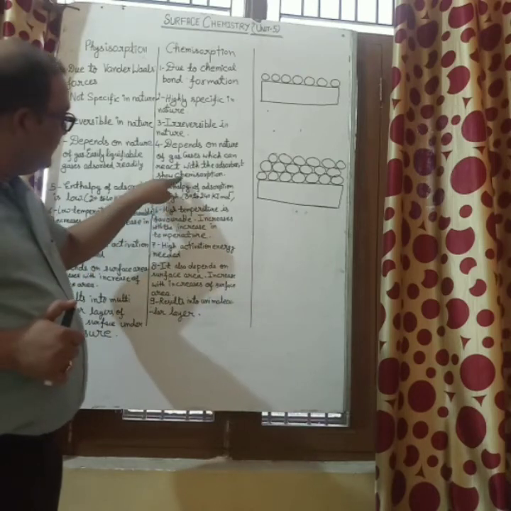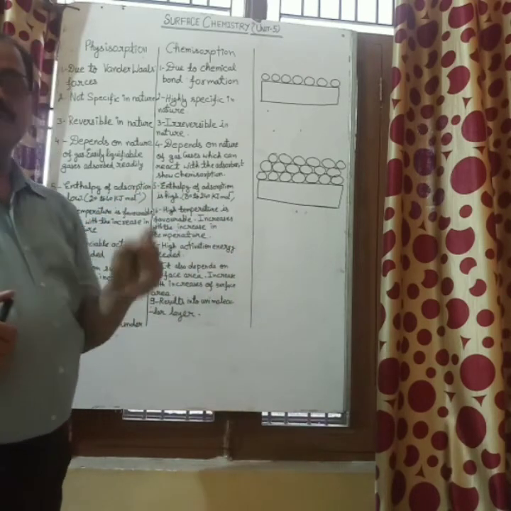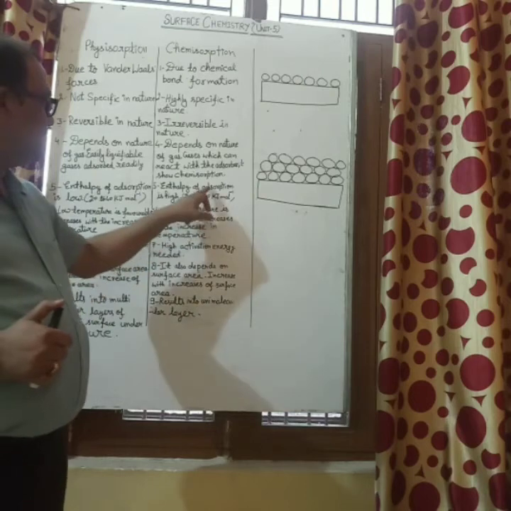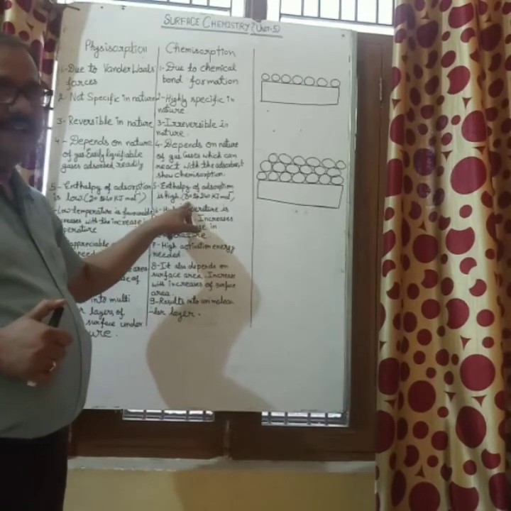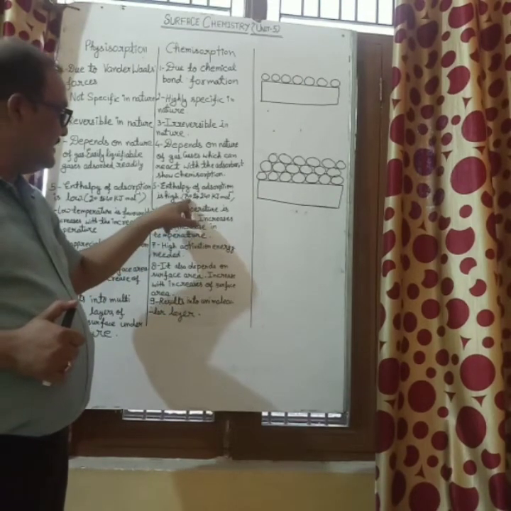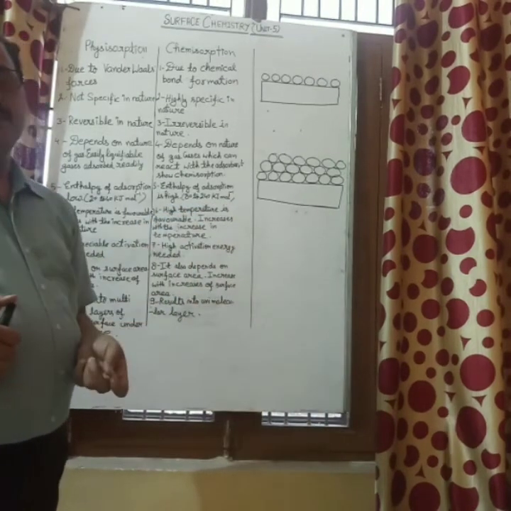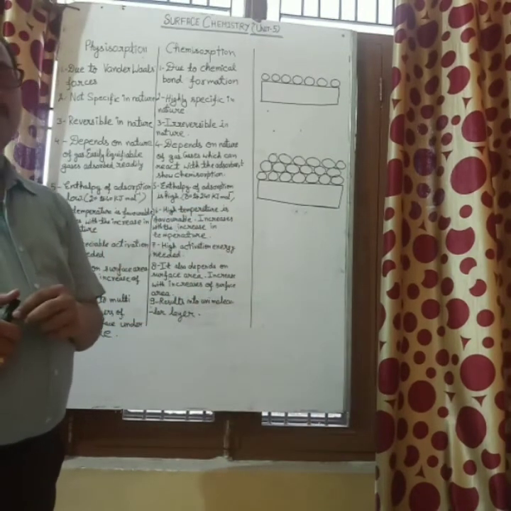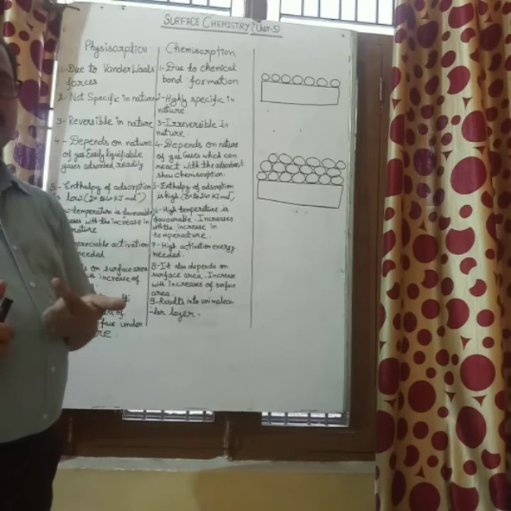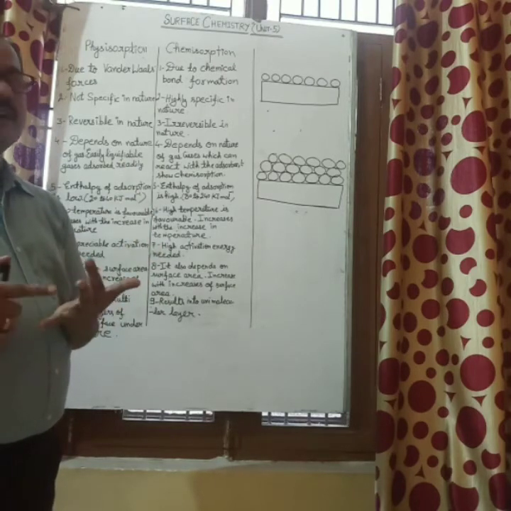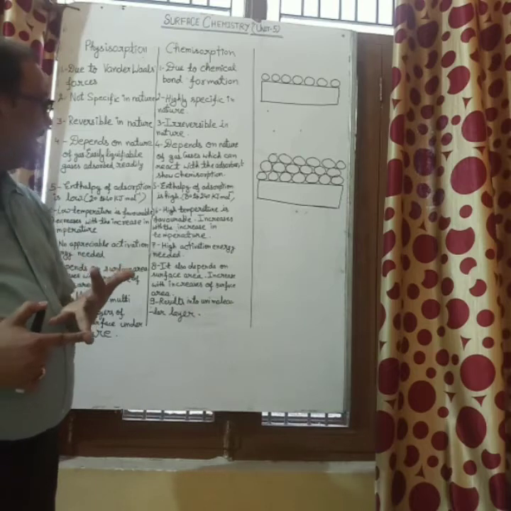But in chemisorption, the enthalpy of adsorption is high, that is 80 to 240 kilojoule per mole because of the chemical bond formation, either it is covalent or it is ionic in nature.